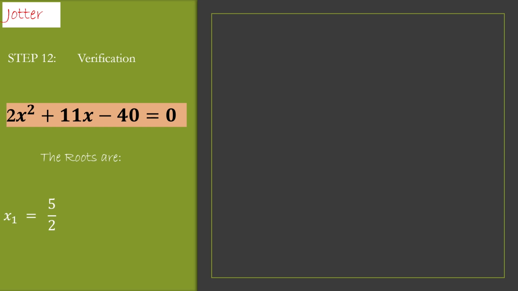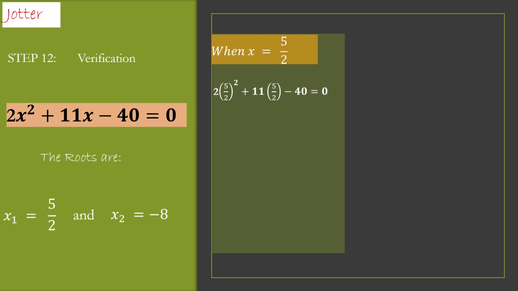So let's see them one after the other. When x is 5 over 2, then we are going to substitute 5 over 2 into this expression when we see x. In that case, we are saying that 2 times 5 over 2 squared plus 11 times 5 over 2 minus 40 equals 0.